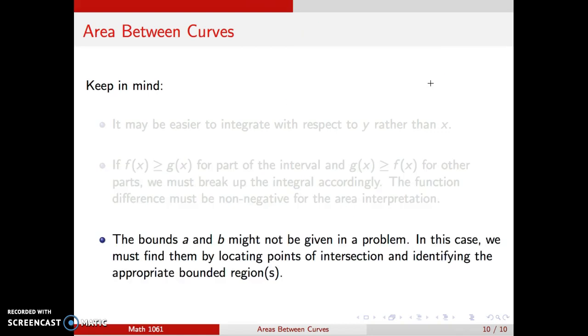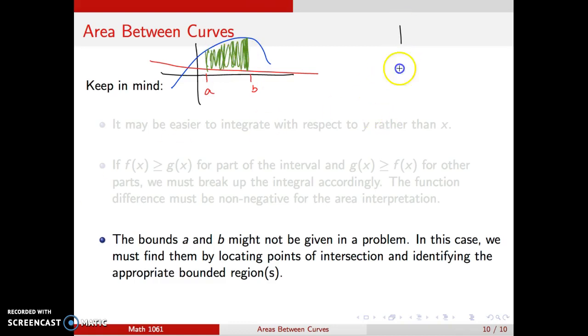And finally, the bounds a and b might not be given in the problem. You might have something real basic like this, and they say a to b, and so you know it's this region right here because a and b are given. But instead, and you will have some examples like this, it might be something not too different, but you're not told what a and b are.